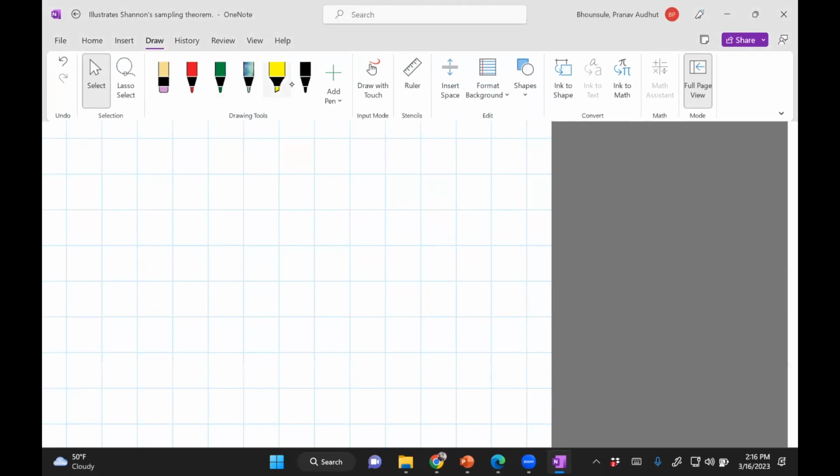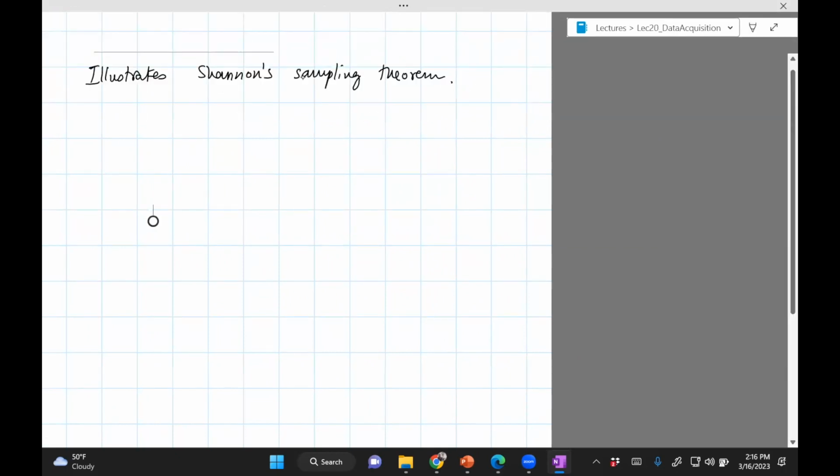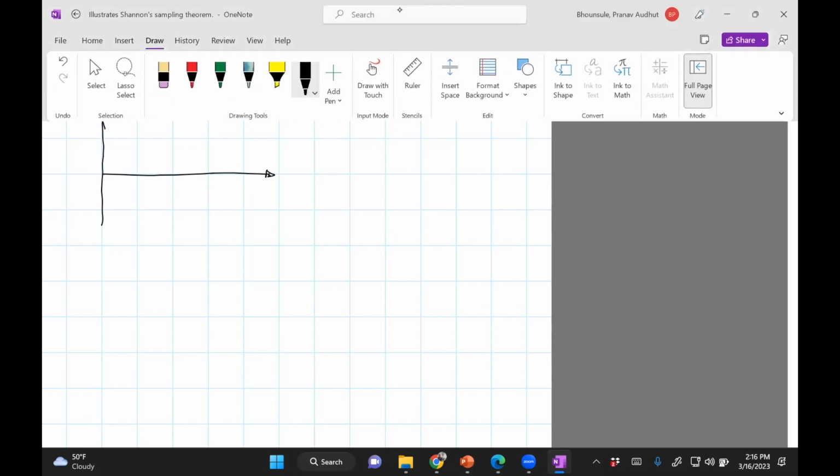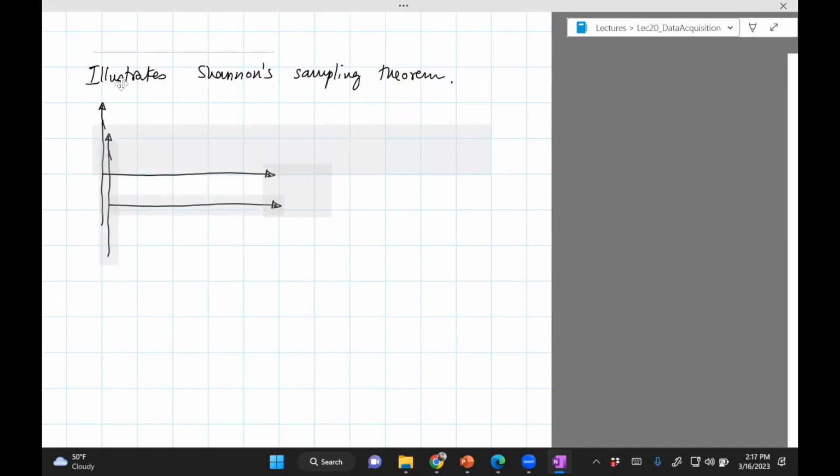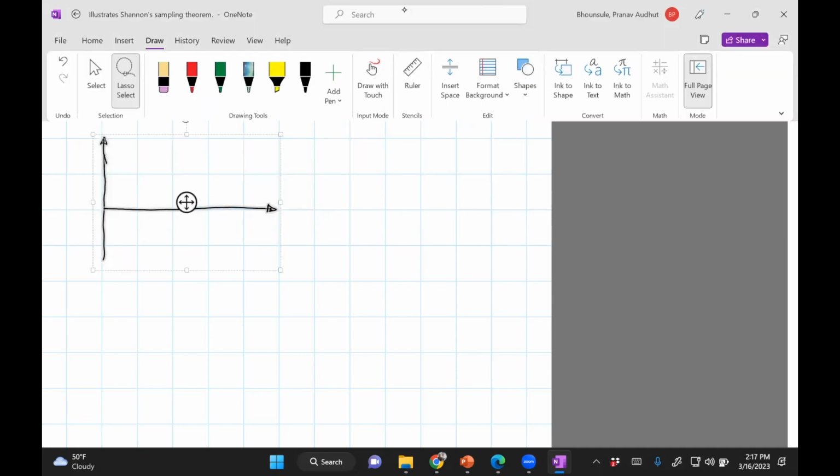The best way to do this is to cook up a signal which has a known frequency content, and then we'll just try to sample it at different frequencies and see what the resulting waveform would look like. So here we have a sinusoid. We'll choose the sinusoid with a certain frequency.